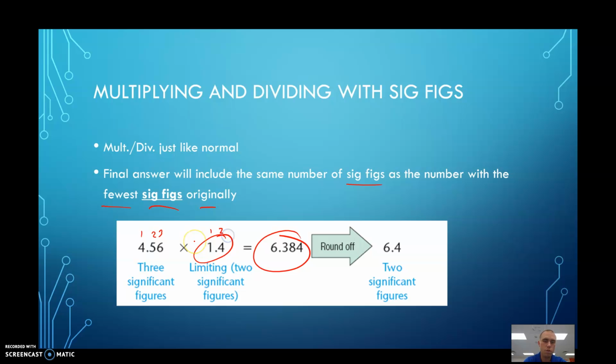This is the number with the fewest sig figs, so I'm going to round my final answer to contain 2 sig figs. I start my count from the left. There's 1, there's 2. I'm going to round based on this number, so that rounds this number up to a 4. So I have 6.4.